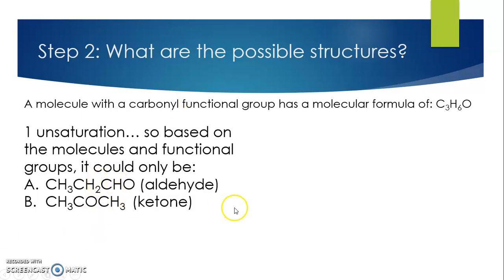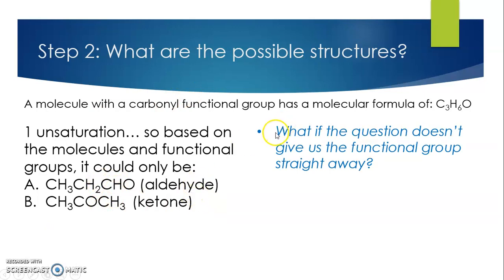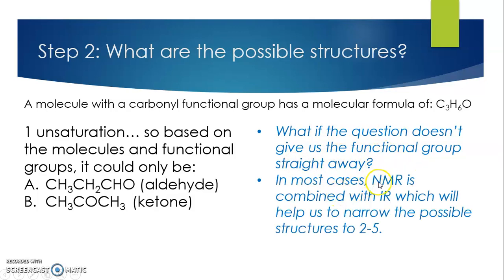Okay? And then people ask, what if the question doesn't give us the functional groups straight away? Well, in most cases, the questions really don't give you the functional group straight away. That's why NMR needs to be combined with IR for analysis.